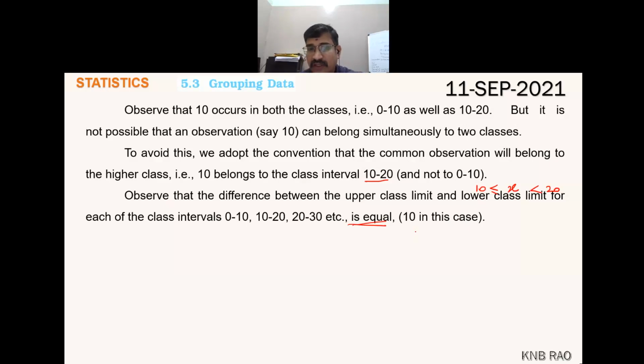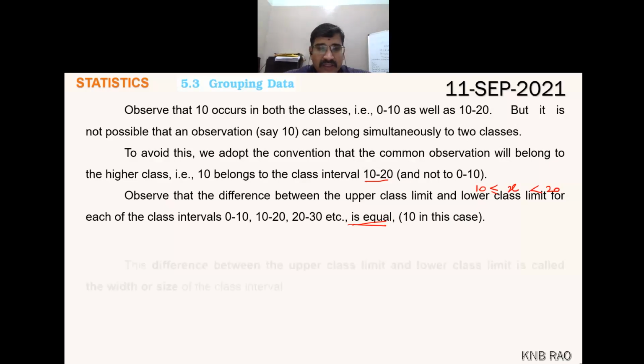That is what you're going to learn in class 9. You learn that this difference between upper limit and lower limit, which we call class width or class size. The class sizes were equal in class 8, whereas in 9th standard you are going to have unequal class sizes or class widths.